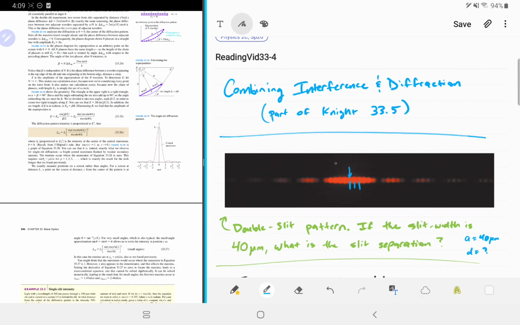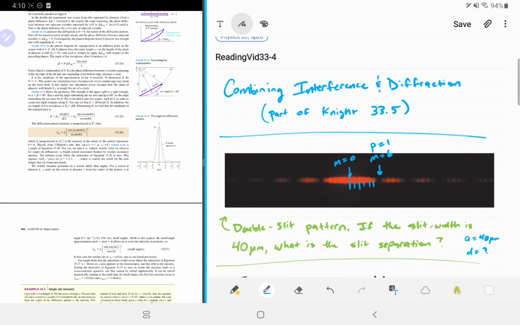So let me label this one right here. This is m equals 0. And I'm just counting 1, 2, 3, 4, 5. Did I count right? 1, 2, 3, 4, 5. Looks like the m equals 6 one is missing. So m equals 6 would be there, but it also lines up with the dark spot.